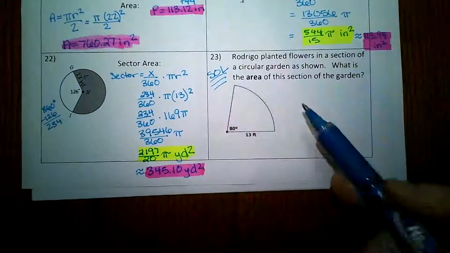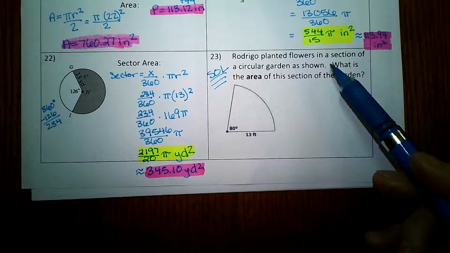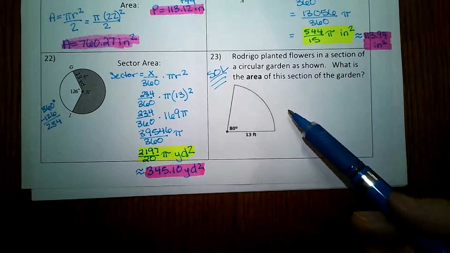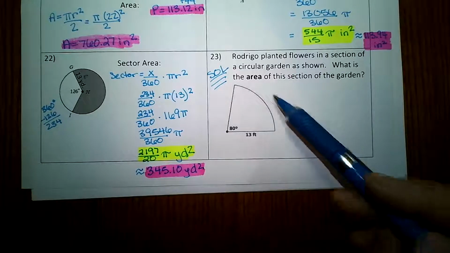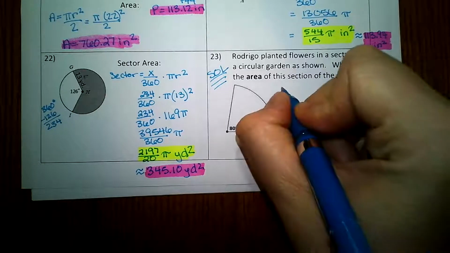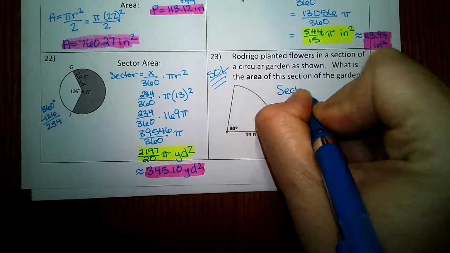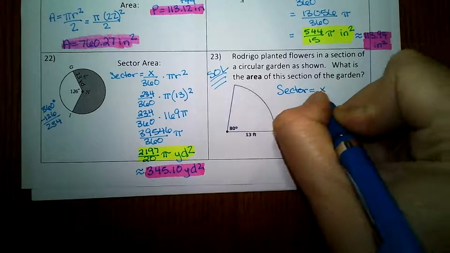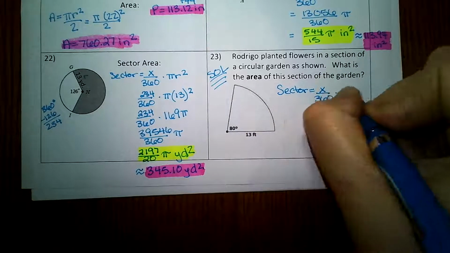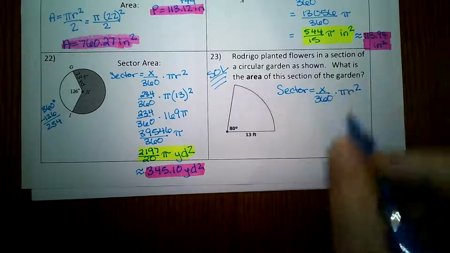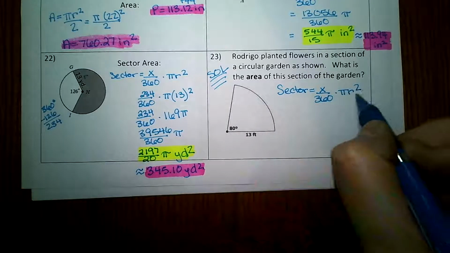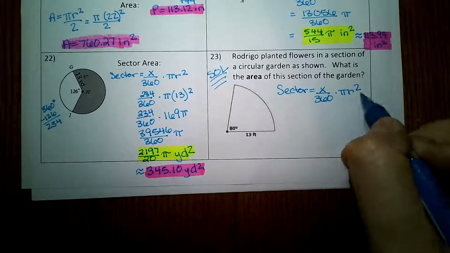on the SOL. It says, Rodrigo planted flowers in a section of a circular garden as shown. What is the area of this section of the garden? So this formula, your sector area formula, is not on your SOL formula sheet. This is something we're going to have memorized. The pi r squared is on your SOL formula sheet.